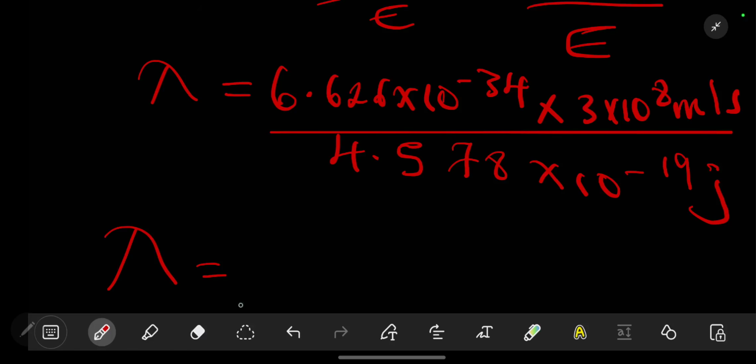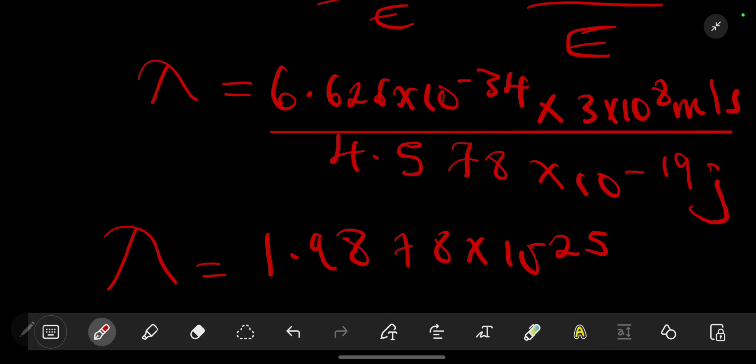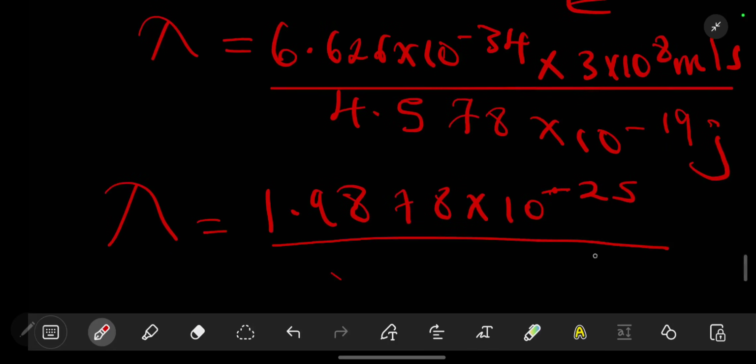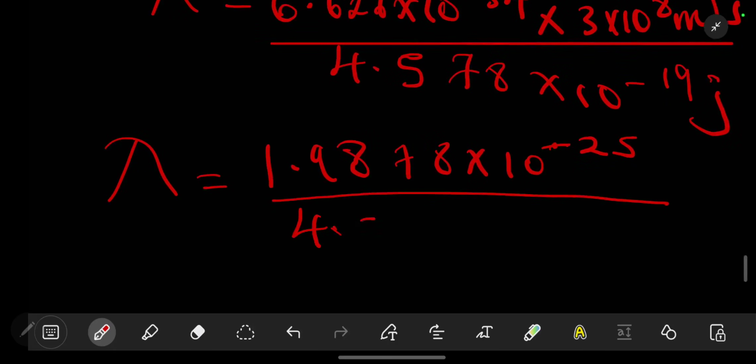This gives us 1.9878 times 10 to the power negative 25. Then we divide this over our 4.578 times 10 to the power negative 19 joules.